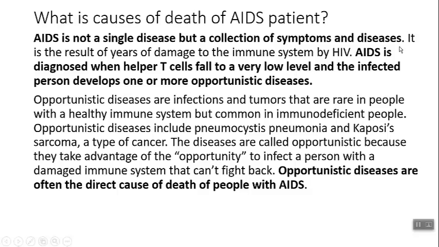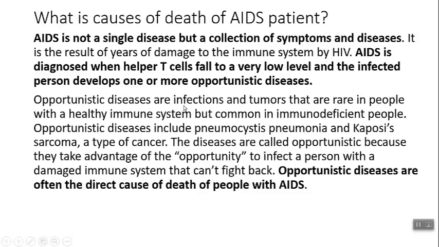This is what I actually told you in the beginning. AIDS is diagnosed because of the decline in the T helper cells, and the person doesn't die because of the declining number of T cells, but dies because of infection by other diseases.